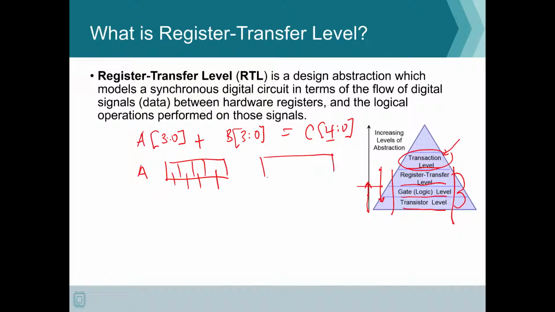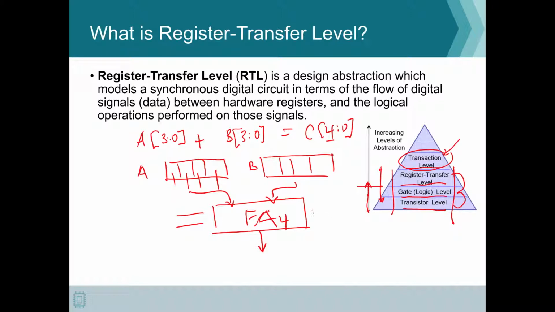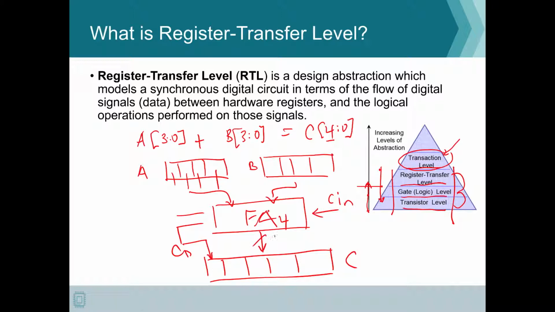Then we also need to create another register for B, and we need to figure out a way in which we have a 4-bit full adder, with inputs coming from A and B, and the full adder is going to have a C in and a C out. Then we have to define a 5-bit C register, where C out and the 4 sum bits are stored.